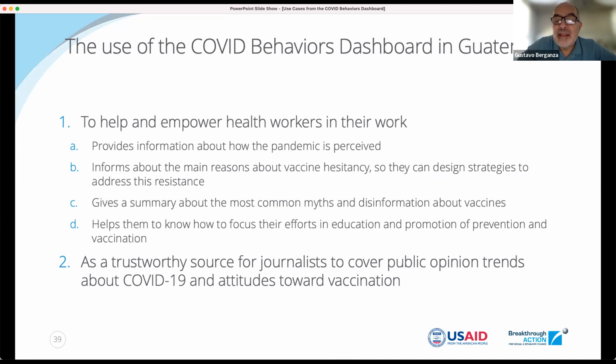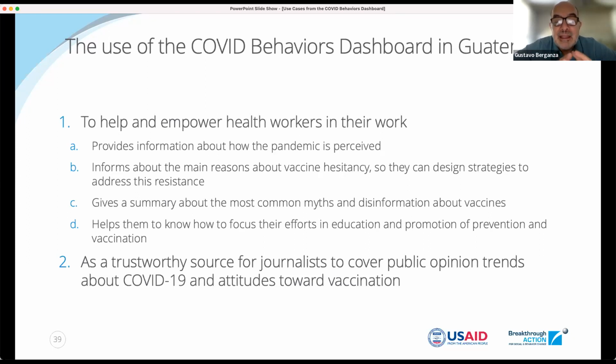We have been making technical assistance missions to different provinces, and we hold community meetings with leaders, and we discuss with them what their worries are about vaccination and about COVID. We use the information of the dashboard to cross it with the information that we collect. So in that way, the health workers have a better grounding in order to address these hesitancies.